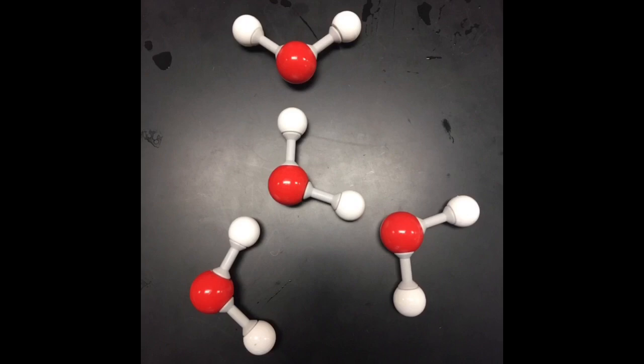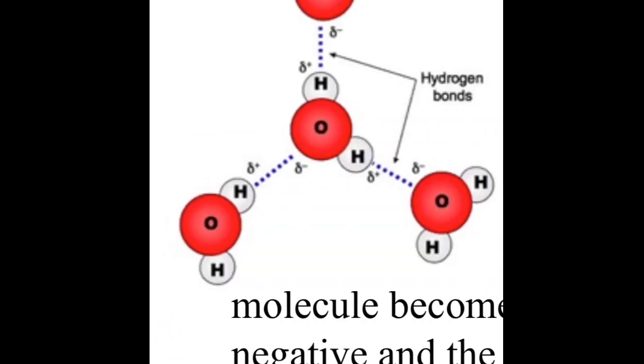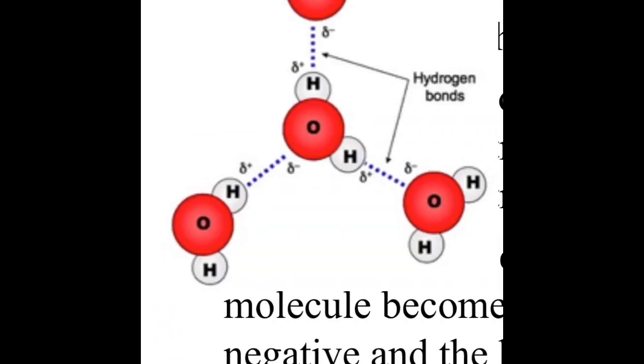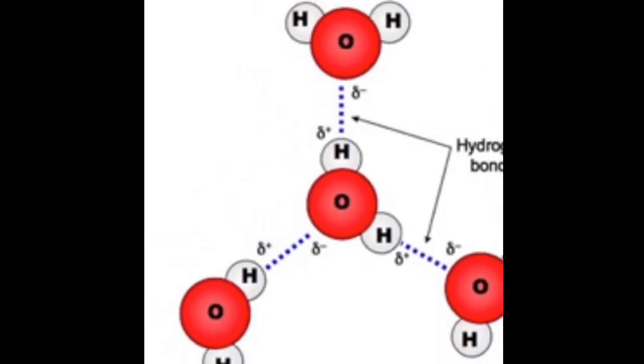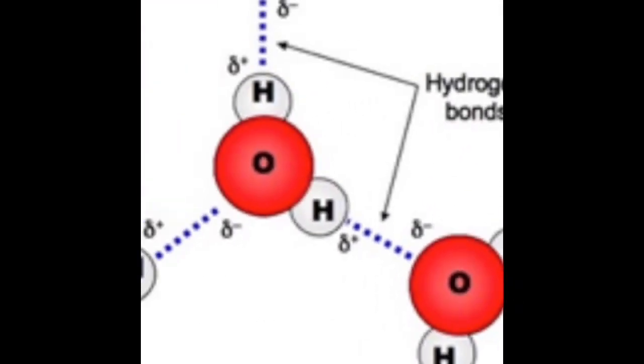And so we can see it has up to 4 hydrogen bonds that it can make. And water is cohesive because it's polar, so they want to grab onto as many water molecules as they can, and we can see that all here, all the hydrogen bonding.